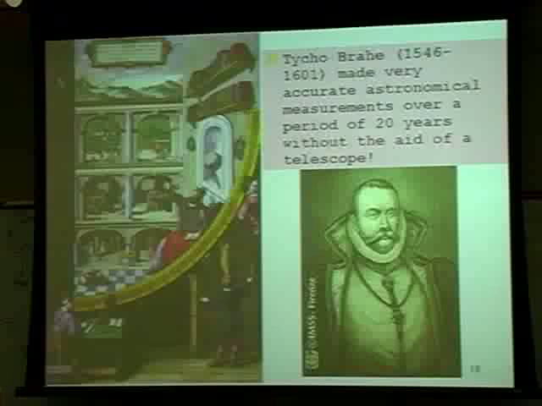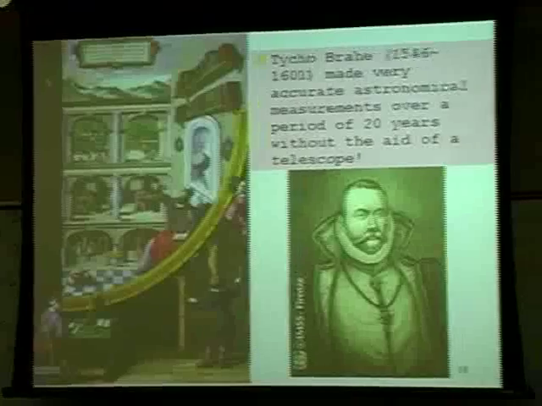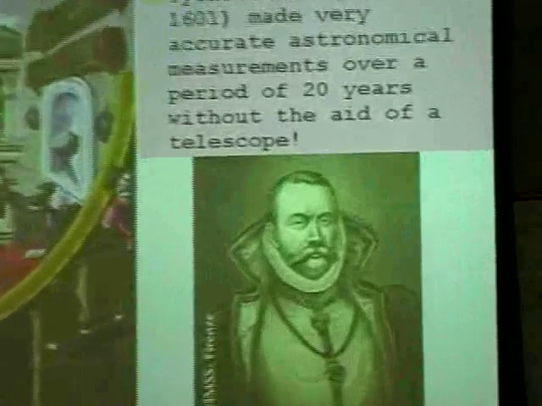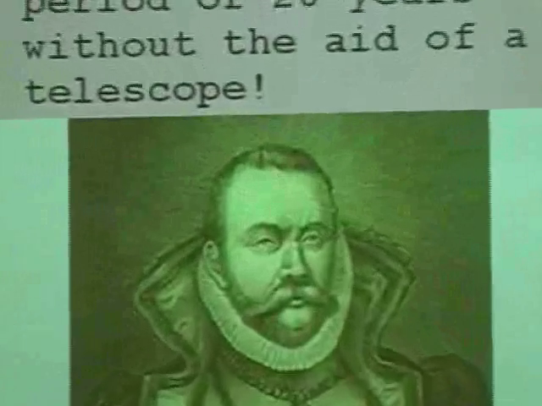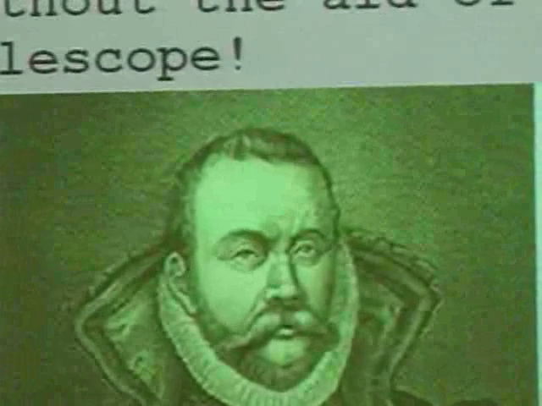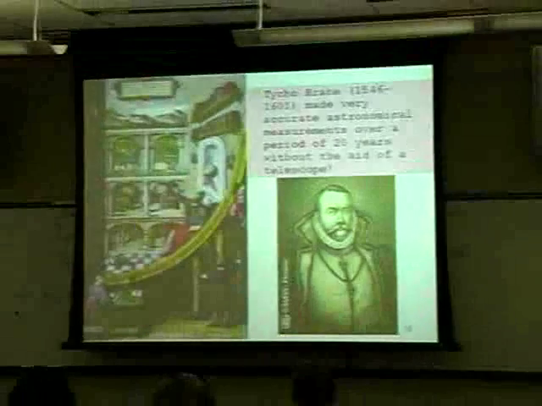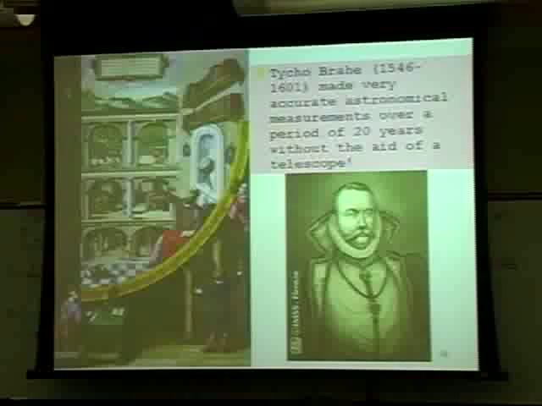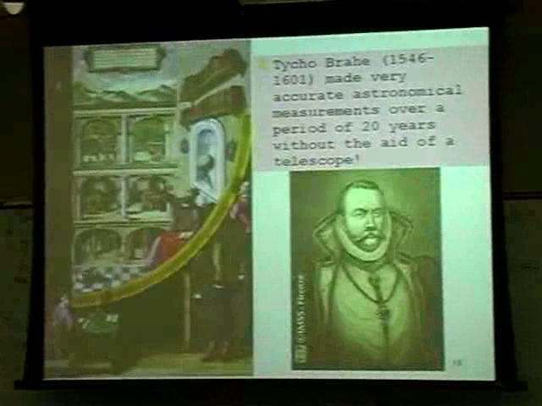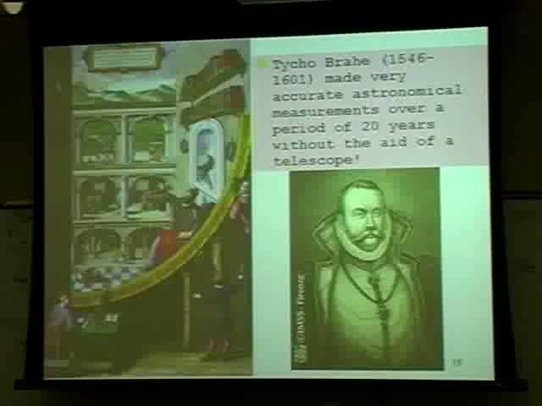So they met the next day and had a duel with swords, and the other guy lopped off his nose. So I guess the other guy was right. So Tycho Brahe spent the rest of his life fixing a fake nose, and I think he used some kind of putty or something to accommodate his nose.